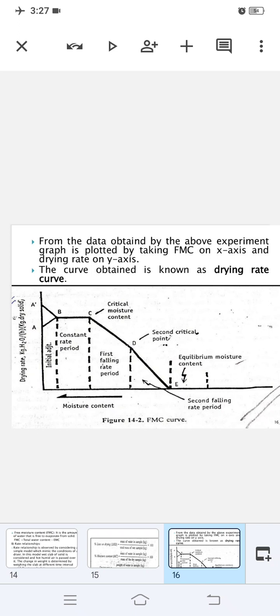That's why point E is known as the equilibrium moisture content. After that, the drying rate is equal to 0, so the temperature and moisture content remain constant. Beyond E, continuing drying will be a waste of time and energy.